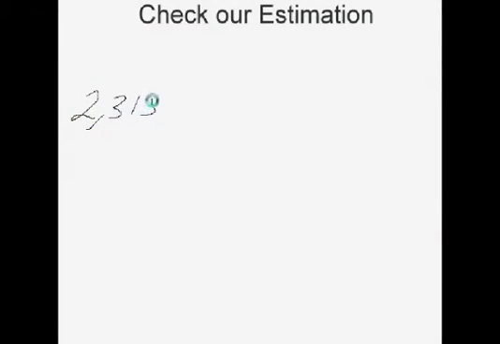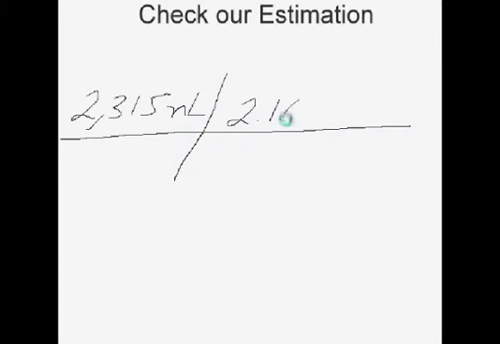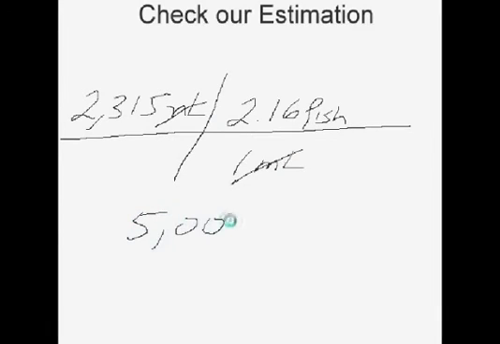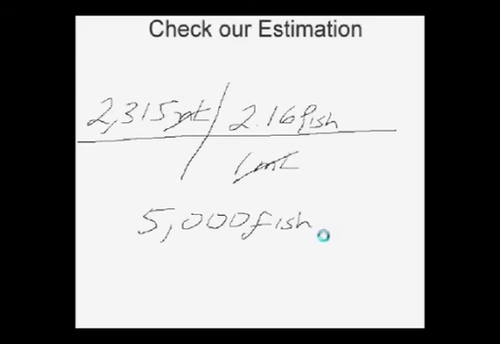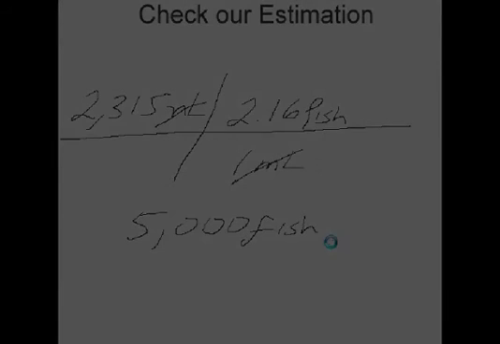To check our estimation, we can multiply the number of milliliters we displaced, 2,315, by the number of fish we need to displace 1 milliliter of water, 2.16. This counting exercise was completed in just a few minutes, making it fast and accurate while minimizing the handling of our fish.